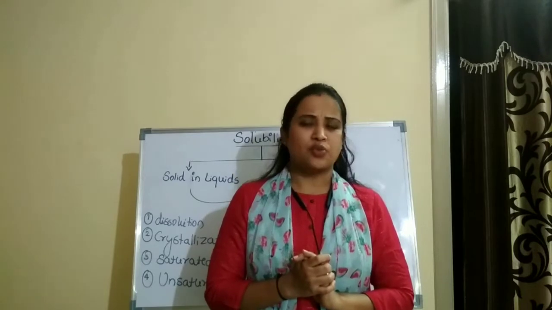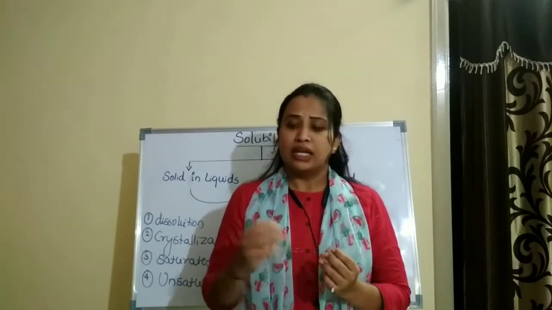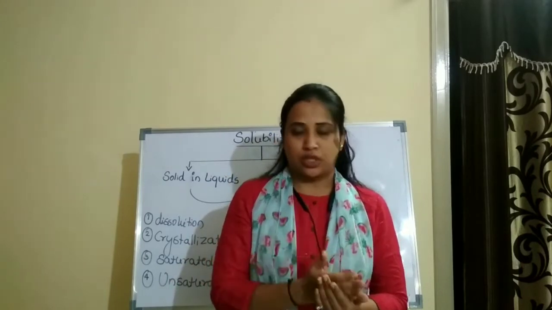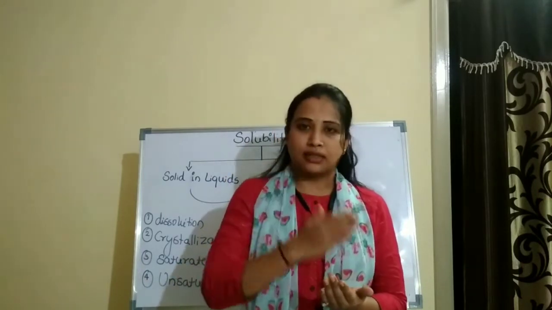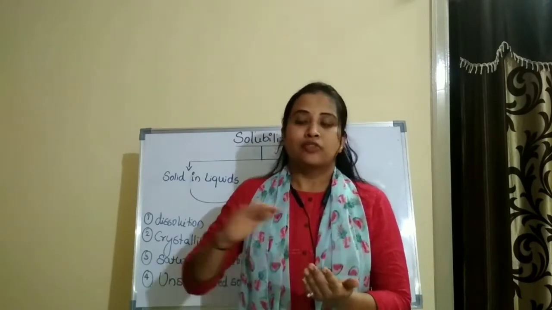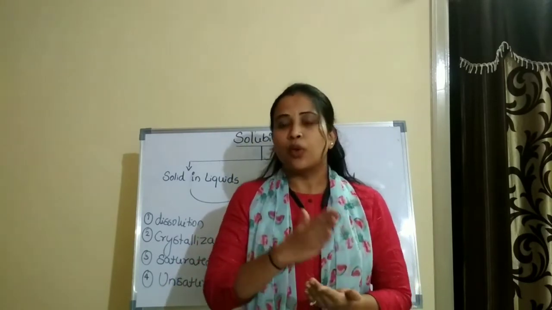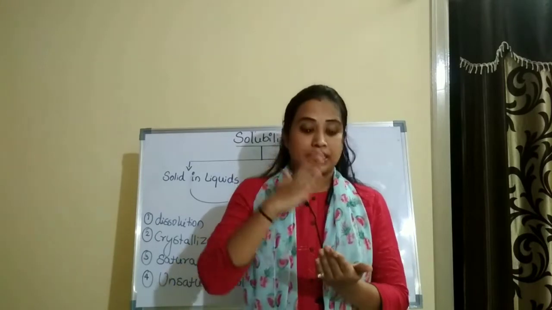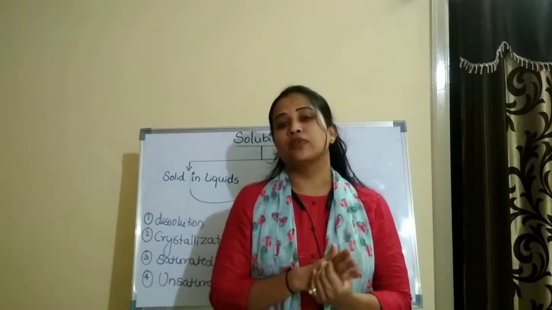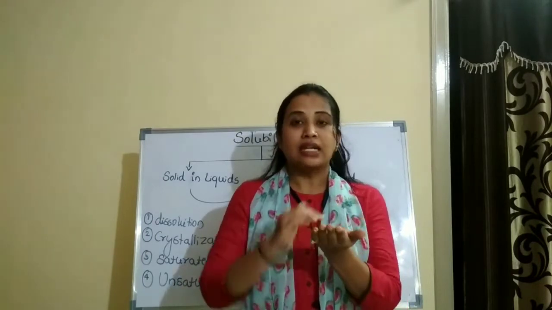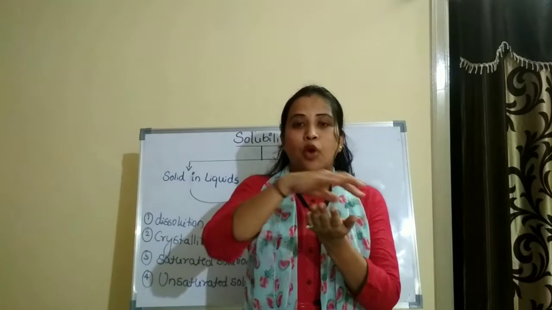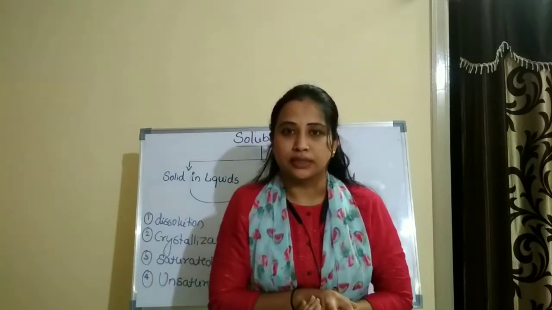Next, I am going to add a little more salt. Now I have added one spoon of salt, again I will take a third spoon and a fourth spoon. When I try to add the fifth spoon of salt, the solute will stop dissolving, which means it will start settling at the bottom of the glass beaker.